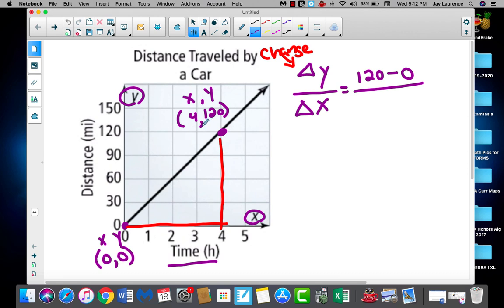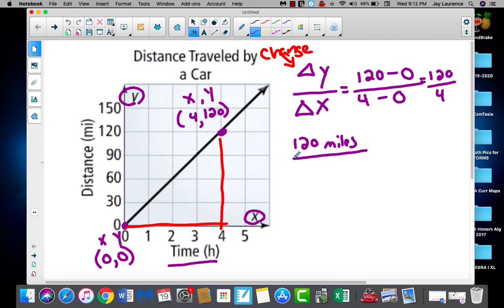Okay, and then I need the change in x. So I'm going to do 4 minus 0, which is going to give me 120 minus 0, over 4. 120 over 4. 120 what? Well, 120 miles. How do I know miles? Because the y coordinate is in miles.